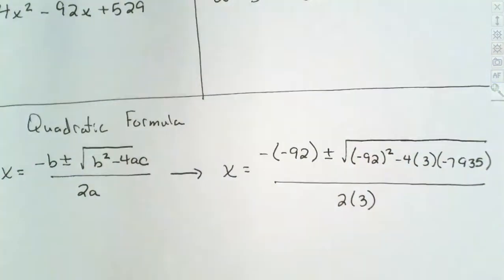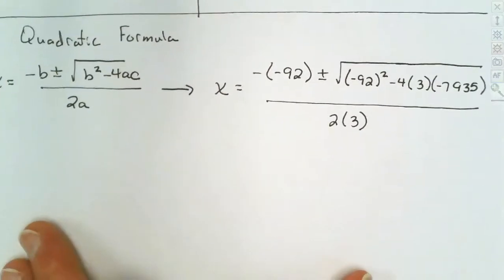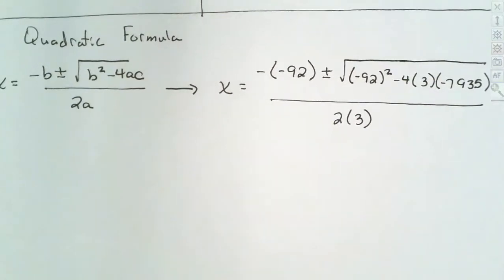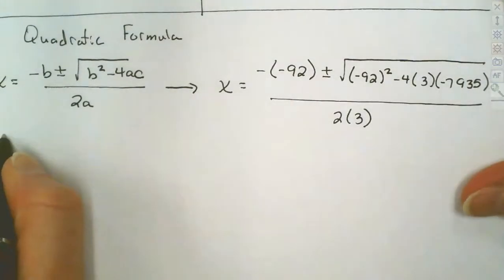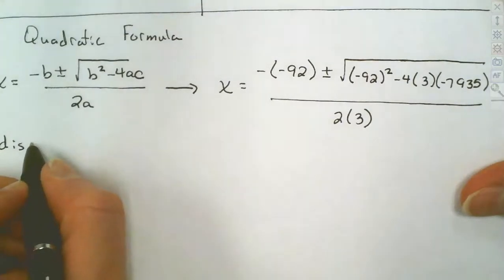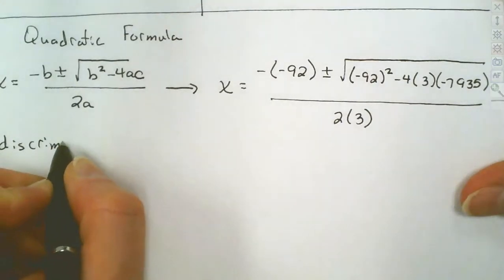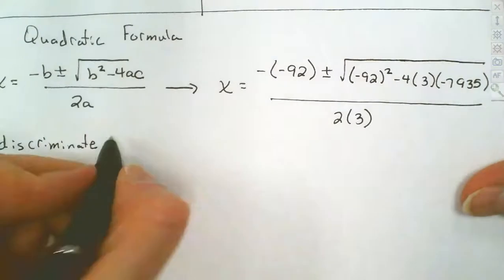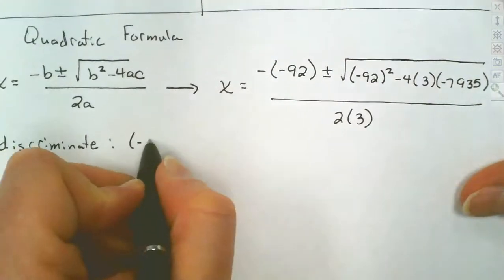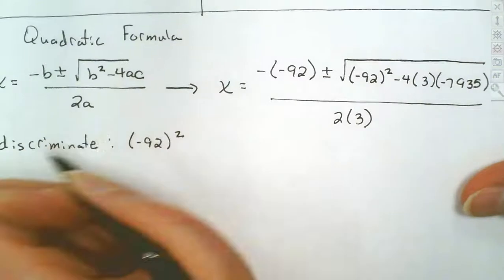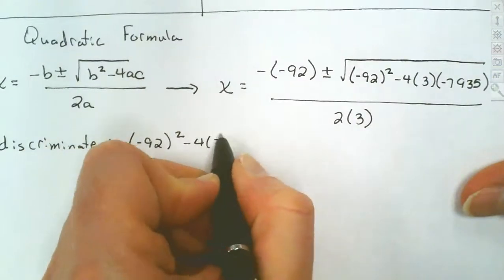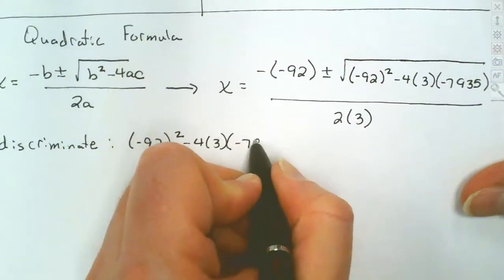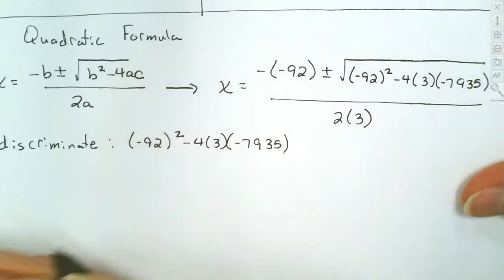And don't worry so much about the larger numbers. We have a calculator, so we'll be using our calculator. We're going to be rounding again to the nearest tenth of a foot. So let's work with our discriminant first, because that's always what we need to do. And our discriminant is a negative 92 squared minus 4 times 3 times a negative 7935.